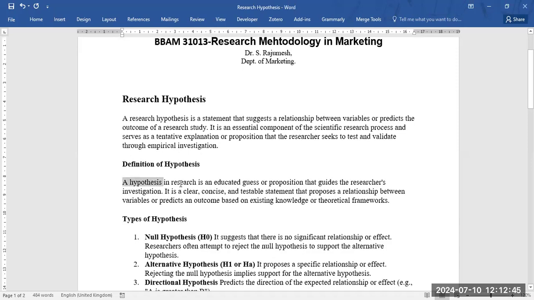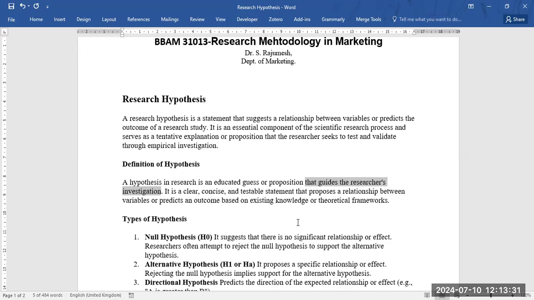A hypothesis in research is an educated guess or proposition that guides the researcher's investigation. We say educated guess because, based on the previous literature, we can guess some outcome of the research if we initiate it. An educated guess means that, based on the evidence, we can guess something and formulate a statement related to some variables.